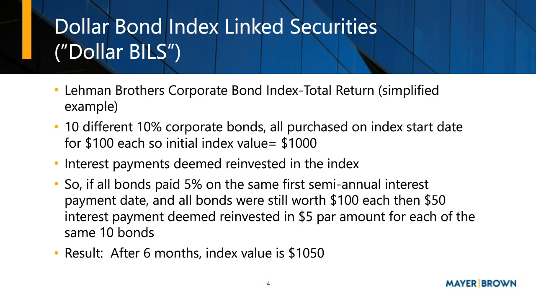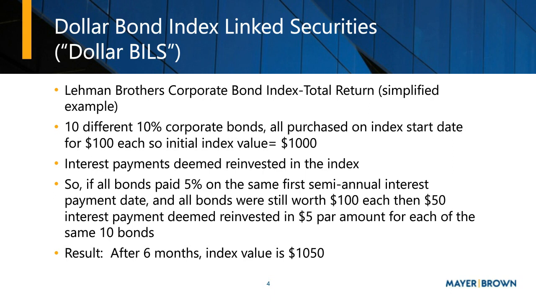And so after 6 months, the index value goes up by exactly the amount of the interest that has accrued on the bond, which is 1050. So that was the index. It was a total return index, not on equities, which we're all very used to, but on corporate bonds.